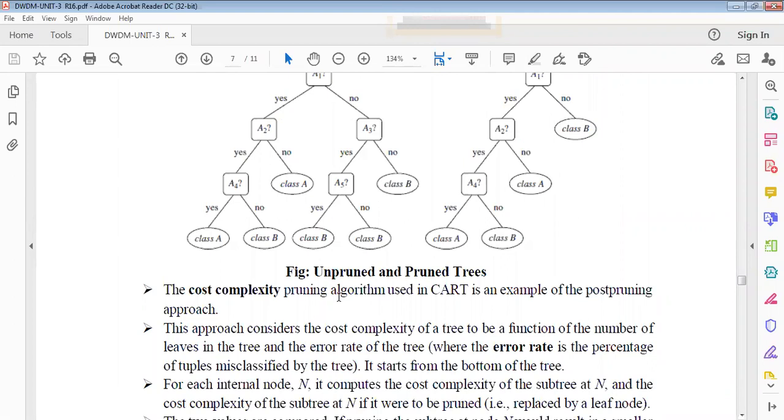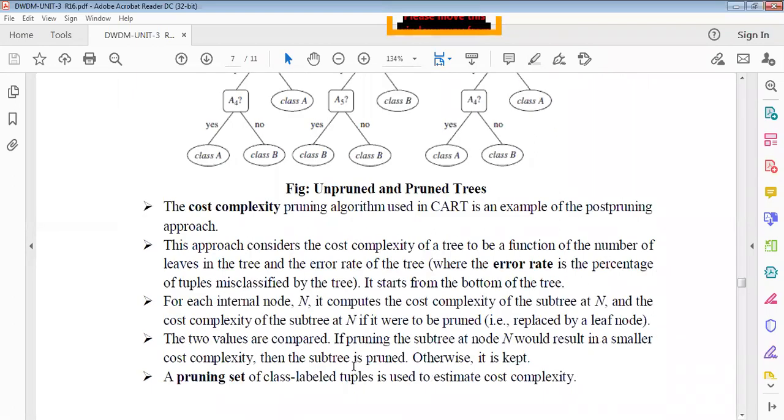The cost complexity pruning algorithm used in CART is an example of the post-pruning approach. This approach considers the cost complexity of a tree to be a function of the number of leaves in the tree and the error rate of the tree. It starts from the bottom of the tree.